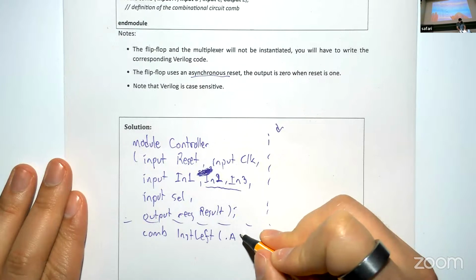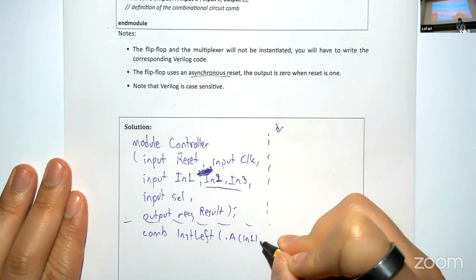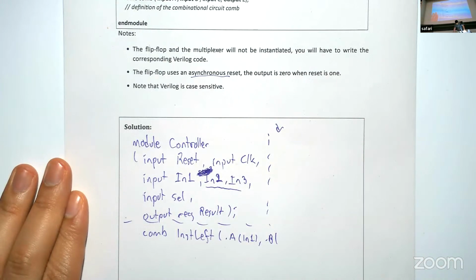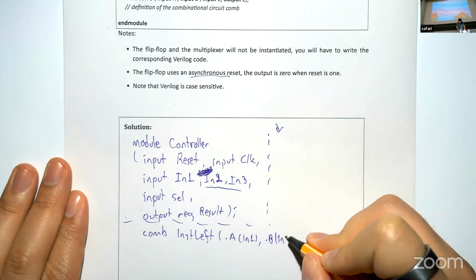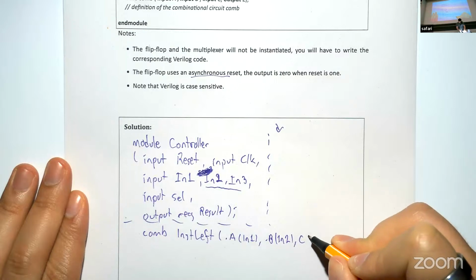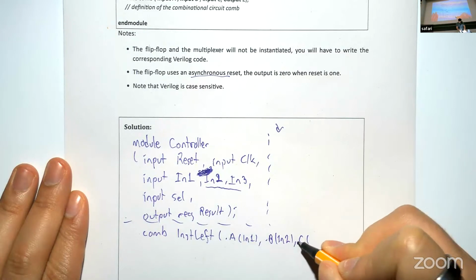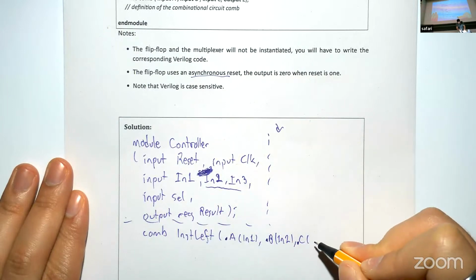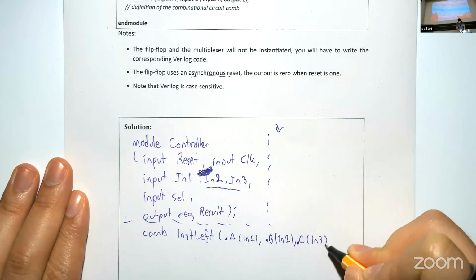So for this one, we will connect in 1 here, connect in 2 to B, and then C. These are dots here. You can see them. And then C will receive in 3.